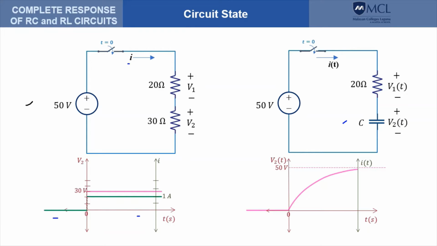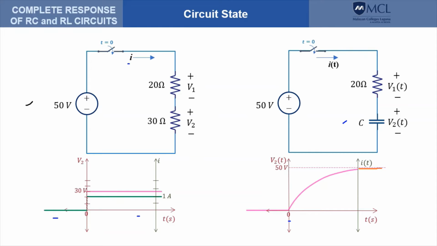Take note that V2 is 0 before the switch is closed, or before t equals 0, and exactly at t equals 0 it is still 0, and from there it starts to increase until it becomes 50 volts. Take note that the value of V2 does not exceed 50 volts and becomes constant as time progresses.